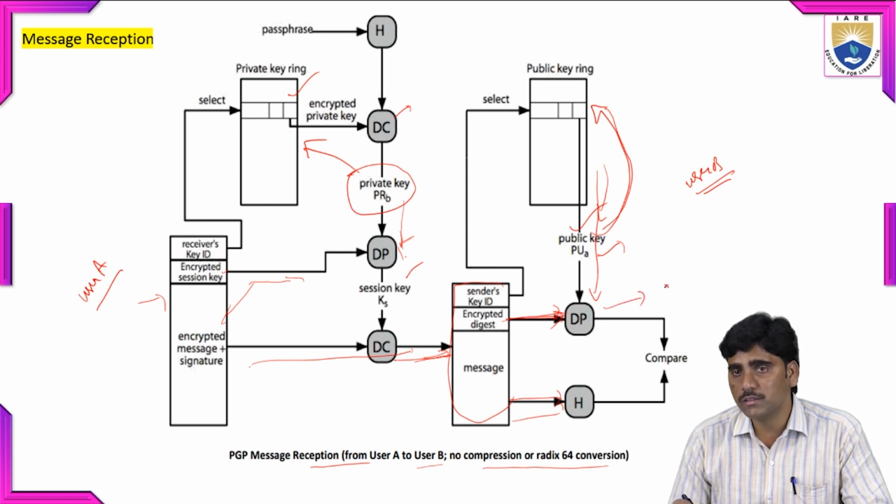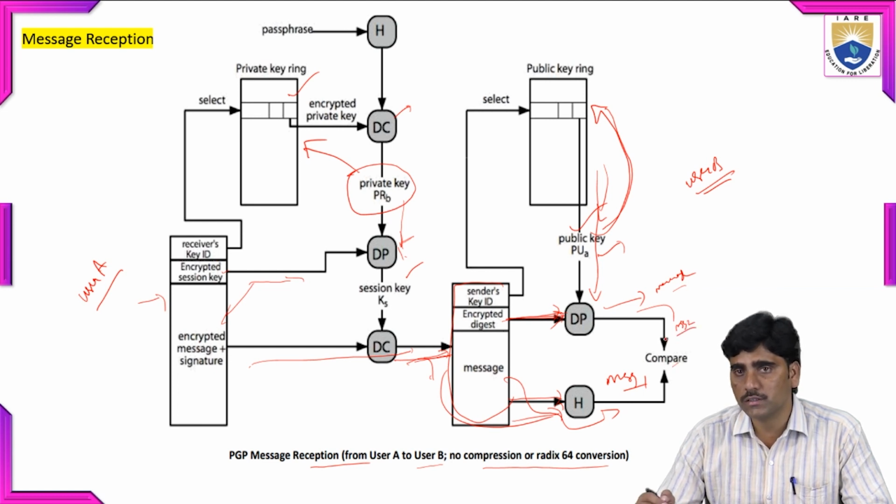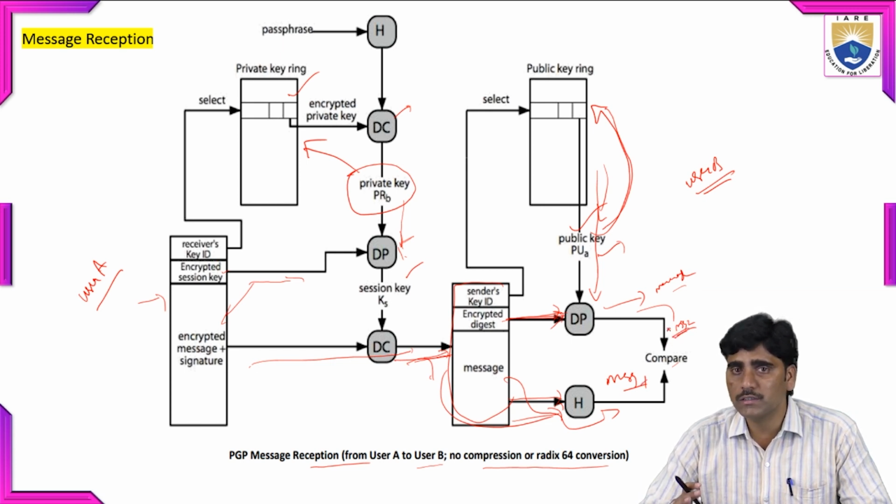Now the message got here, and this message has to be verified after decoding the encrypted digest. So the message also comes here. So check: this is message 1, and from here comes message 2. So compare these two messages. If the comparison shows the messages are equal, then the message is received by the receiver.